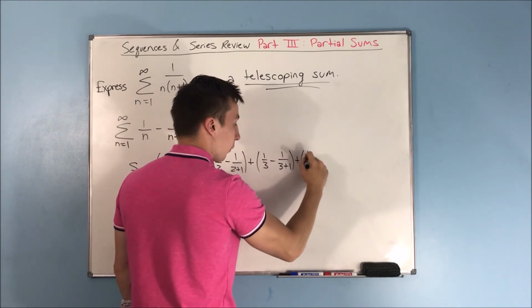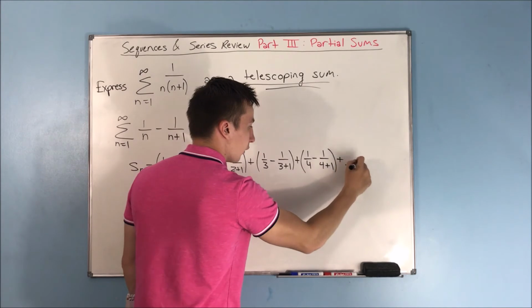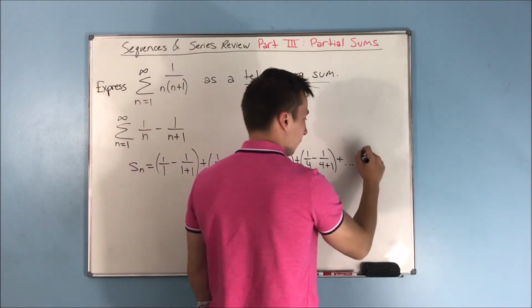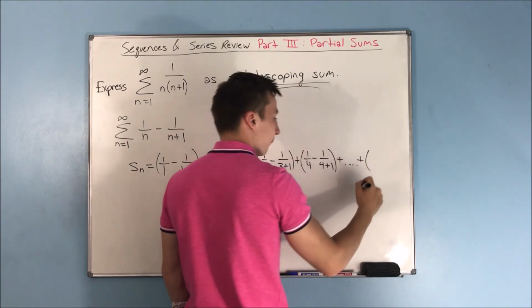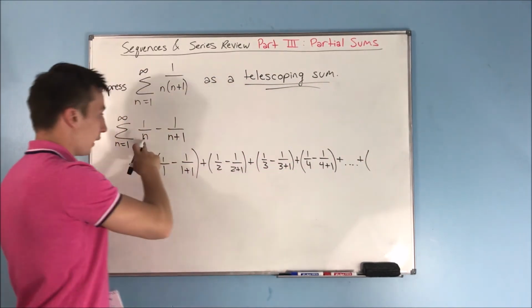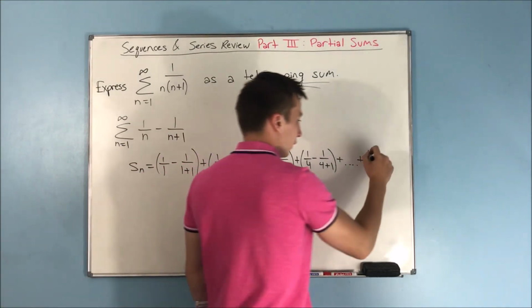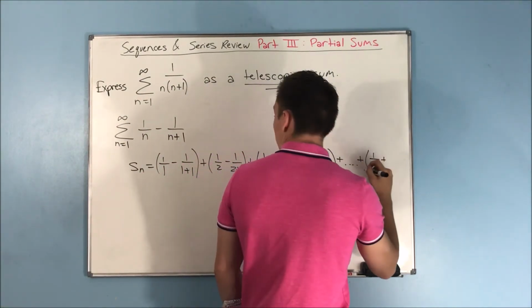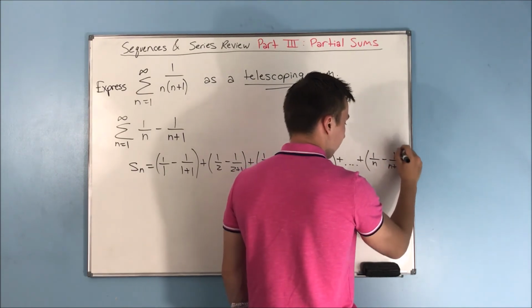Fourth term will be a 1 over 4 minus a 1 over 4 plus 1. What about the nth term, where this partial sum will end? Well, we'll get a plus 1 over n minus 1 over n plus 1. Just this.